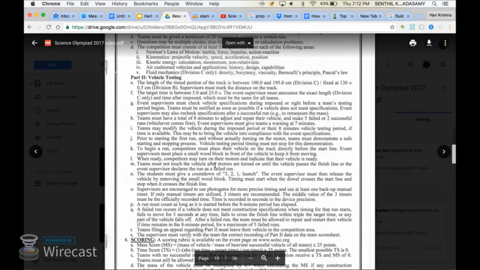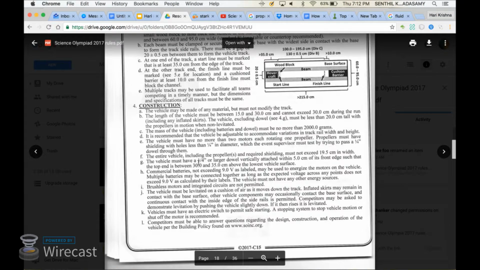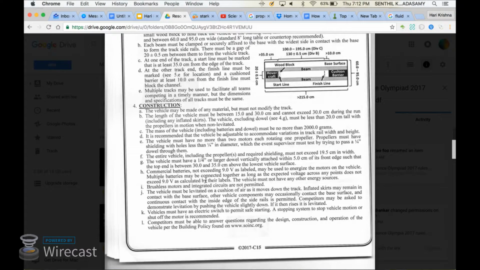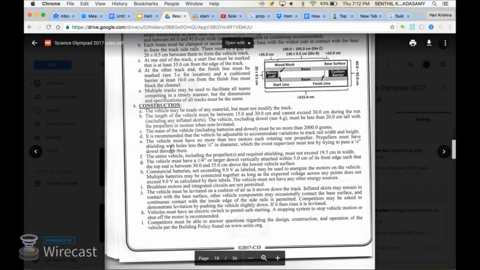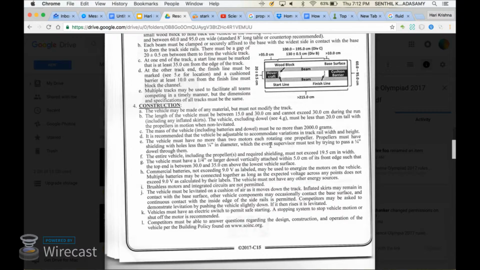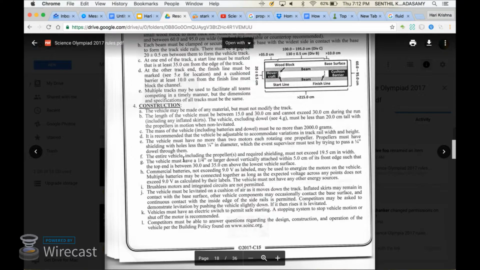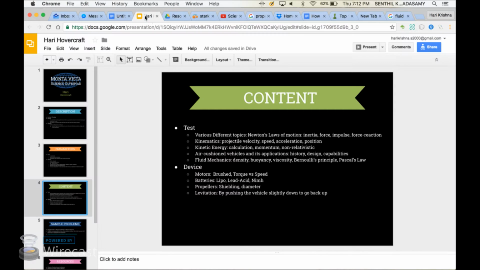Over here it says that propellers must have shielding with holes no less than 1/4 inch diameter, which the event supervisor must verify by passing a 1/4 inch dowel. So make sure your propeller fits that condition. More blades is probably better, but you shouldn't have that many blades in a propeller. More blades will allow for better airflow and will ensure that you're faster.